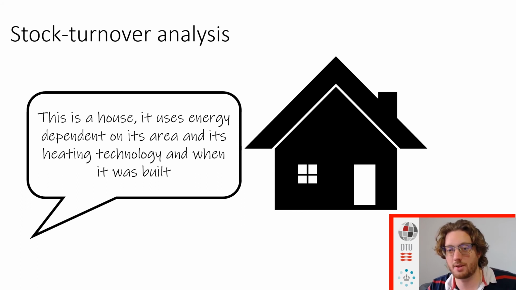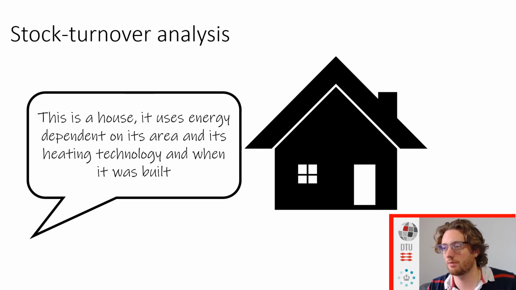The special thing about this is that it's no longer averages that are being used. It's an actual generation. We'll look a lot more into that, especially with transport, which is the next thing. The important thing here is if you have something that gets regularly exchanged in your system and develops quite rapidly in terms of energy efficiency or energy consumption, this is the methodology to use.